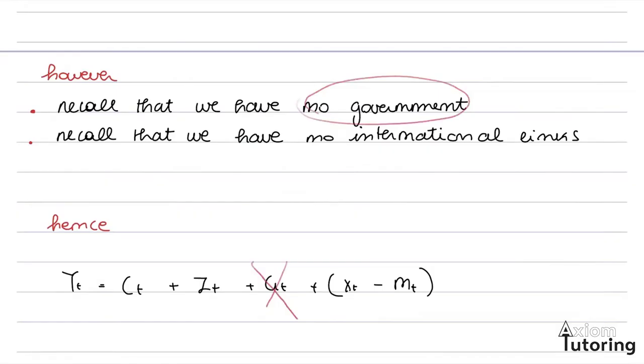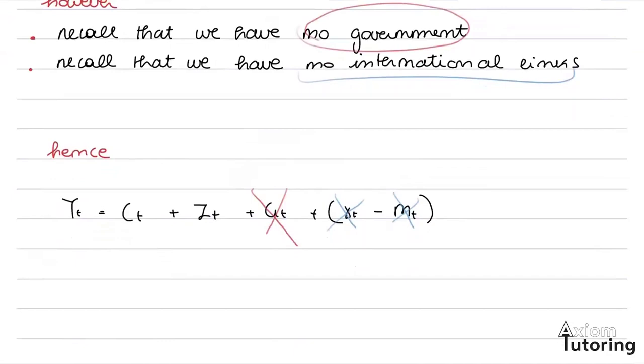At the same time, we said we have no international links, so exports and imports are not contemplated. This is going to leave us with a new version of defining our output, aside from the production function in the Solow growth model, that is just going to be a sum of consumption and investment within the economy.